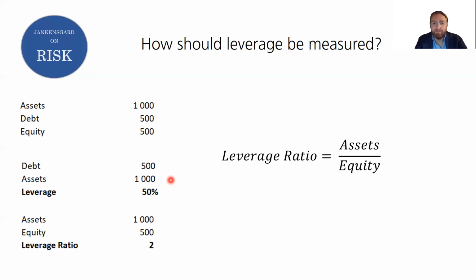Now, the leverage ratio is mostly used in the context of US financial institutions. When Lehman Brothers went bust in the most recent financial crisis, it was sometimes commented on in the press that their leverage ratio was, or the leverage was, in the neighborhood of 30.